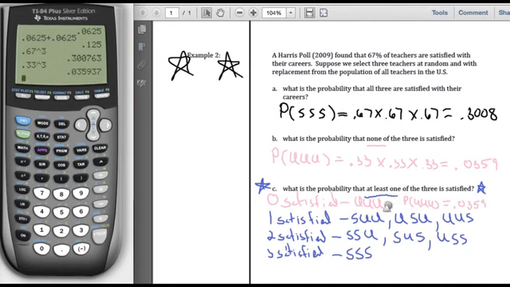So what I'm getting at here is that 0 satisfied by itself, this one probability, and at least one or 1, 2, and 3 satisfied are complements. They make up the entire sample space. There's no other way to organize this. You're only selecting 3 teachers.